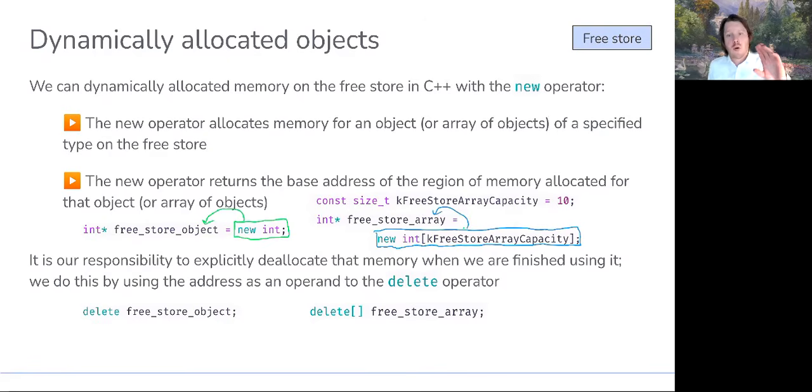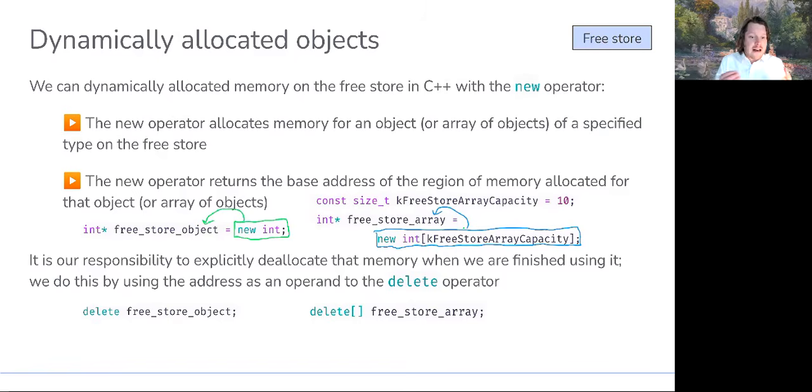Notice in both cases, we have a named object that stores the address of our dynamically allocated object. Remember that if we were to cout free store object or free store array at this point, what would be printed to standard output would be the addresses of those objects respectively.